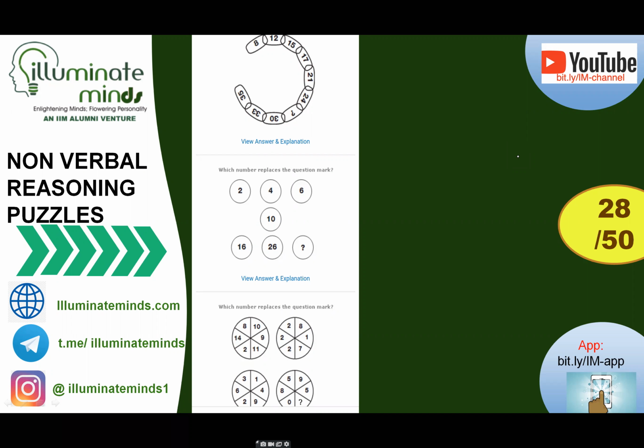So if you look at this, 8 plus 4 is 12, 12 plus 3 is 15, 15 plus 2 is 17.